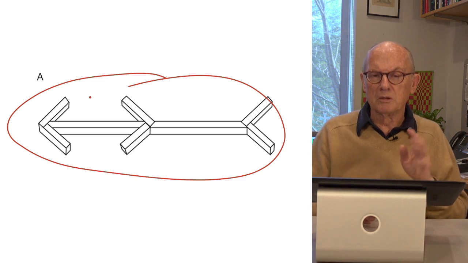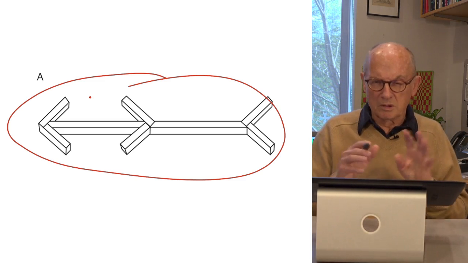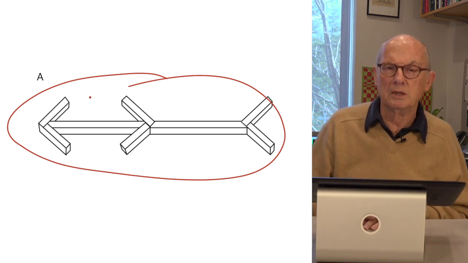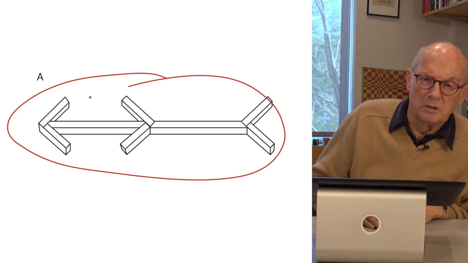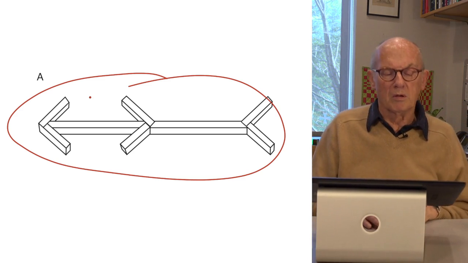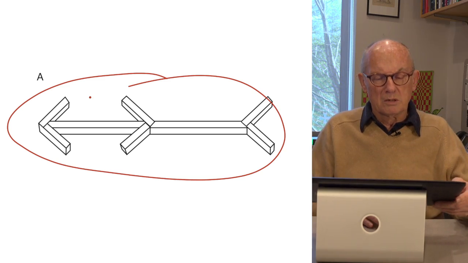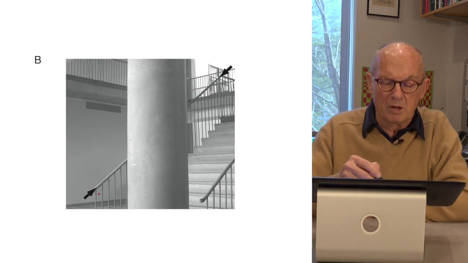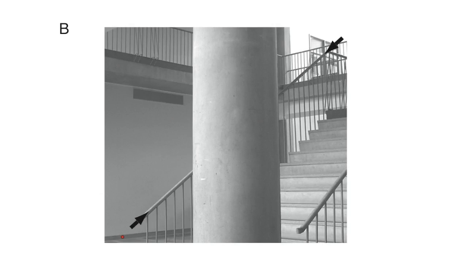So it has nothing to do with the kind of possible peculiarities that could arise from seeing stuff on a two-dimensional piece of paper or a computer screen. Similarly, for the Poggendorf illusion, remember, the Poggendorf effect is taking the same collinear line, in this case a railing that's extending behind an occluder, in this case the pillar that you see here.